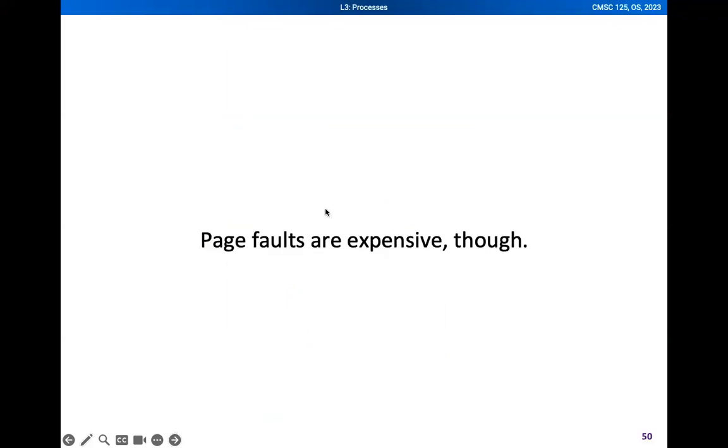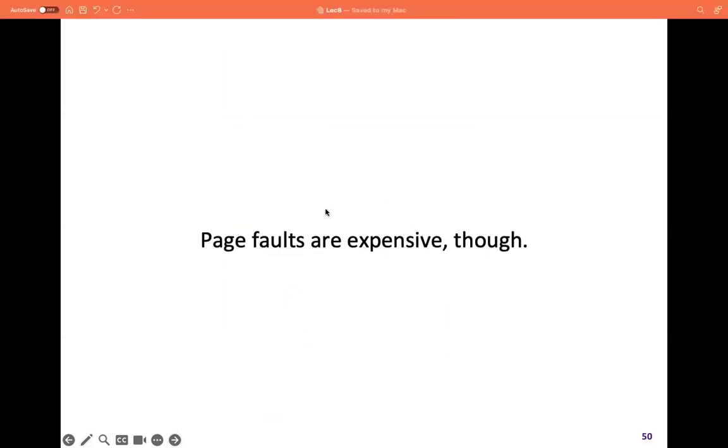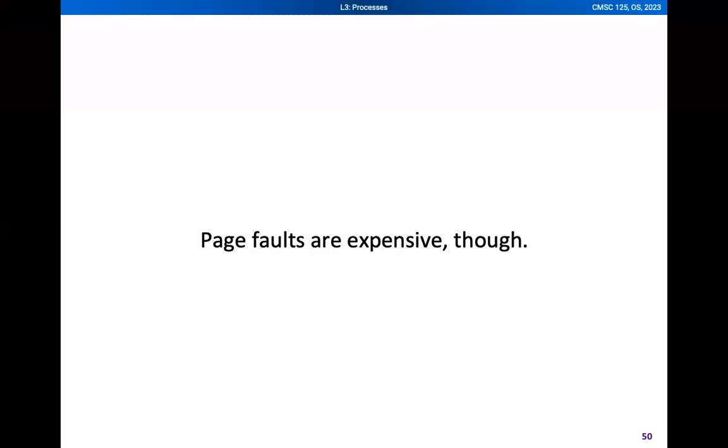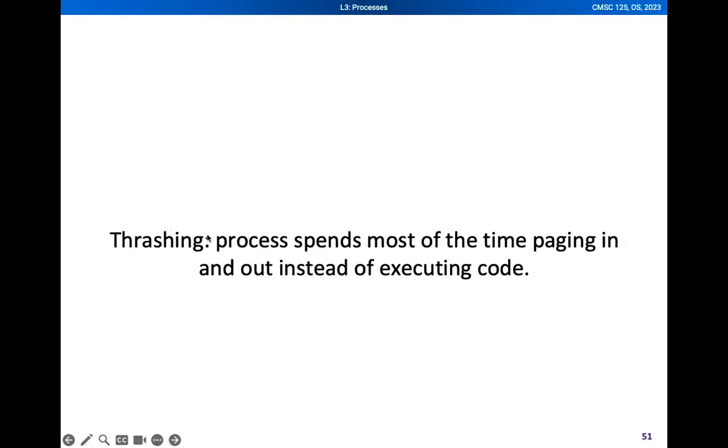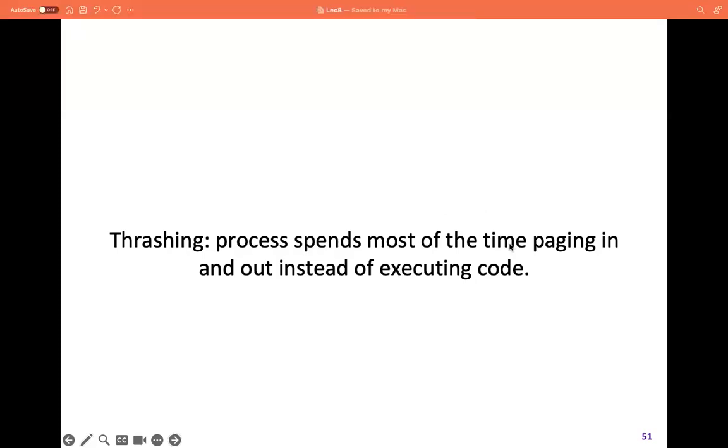Now, page faults are expensive though. So what are page faults again? Page faults happen when the CPU is requesting a certain page that is not loaded in the main memory. The process spends most of its time paging in and out instead of executing code.